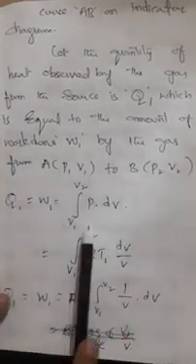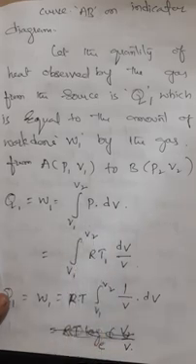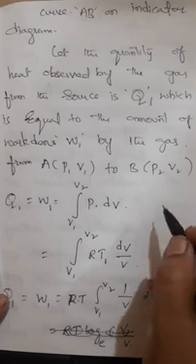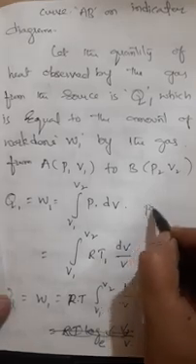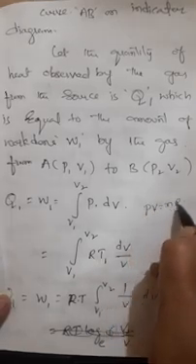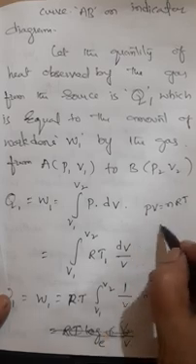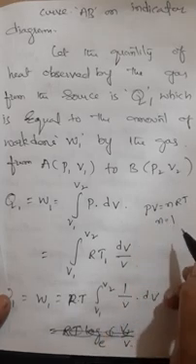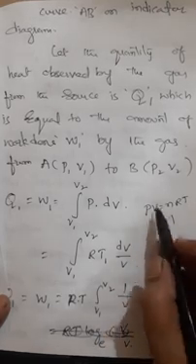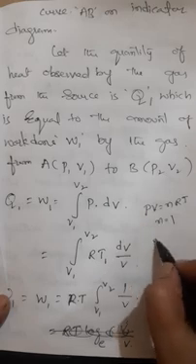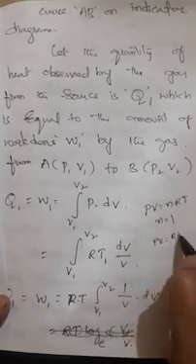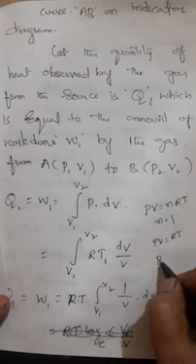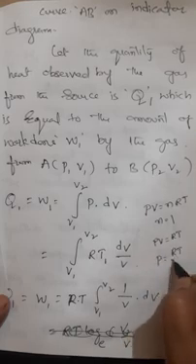Now PV is equal to nRT, and for one mole of an ideal gas PV is equal to RT, or P is equal to RT by V.